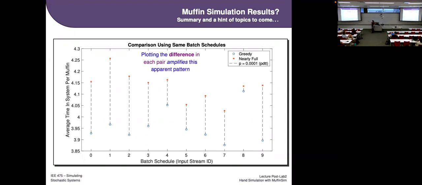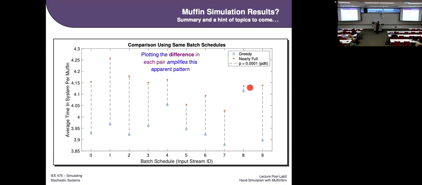So I can tell from here that even though there are some schedules for which, if I were to compare this greedy down here to this nearly full up here, the red is above the blue. But if I were to compare, say, this greedy to this nearly full, for that different set of muffin schedules, it looks like this greedy is worse than this nearly full.